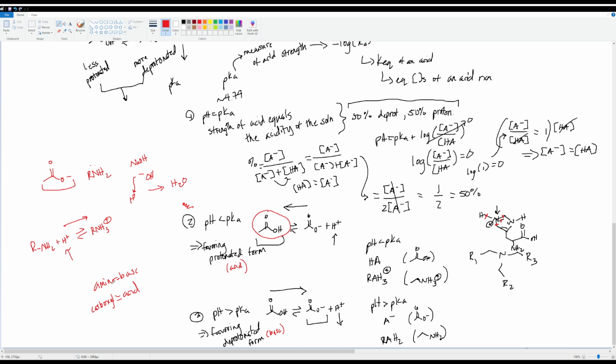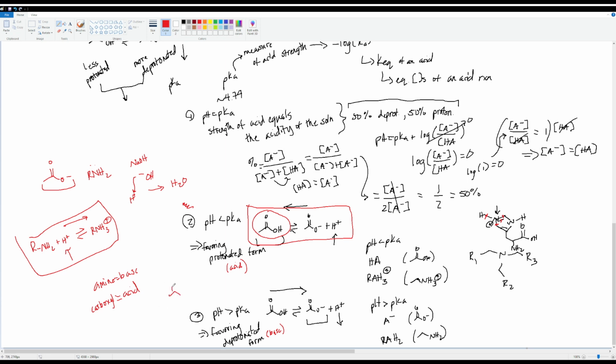As long as you understand that your amine will do this reaction and your carboxyl will do this reaction, that's what we care about. If you remember those two reactions, that's good. But yes, acids are the donors, bases are the acceptors.